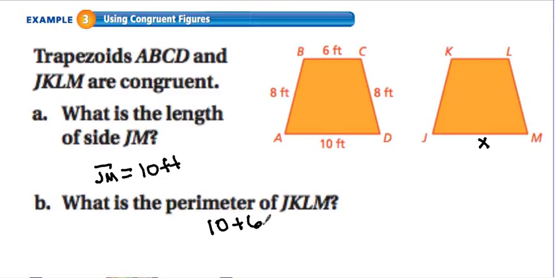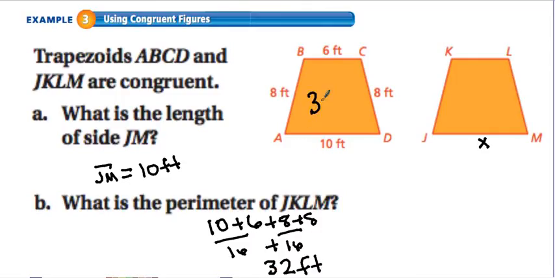So we've got 10 plus 6 plus 8 plus 8. 10 plus 6 is 16. 8 plus 8 is 16, and 16 plus 16 is 32. So the perimeter of this figure right here is 32 feet, and because they are congruent, the perimeter of this trapezoid has to also be 32 feet.